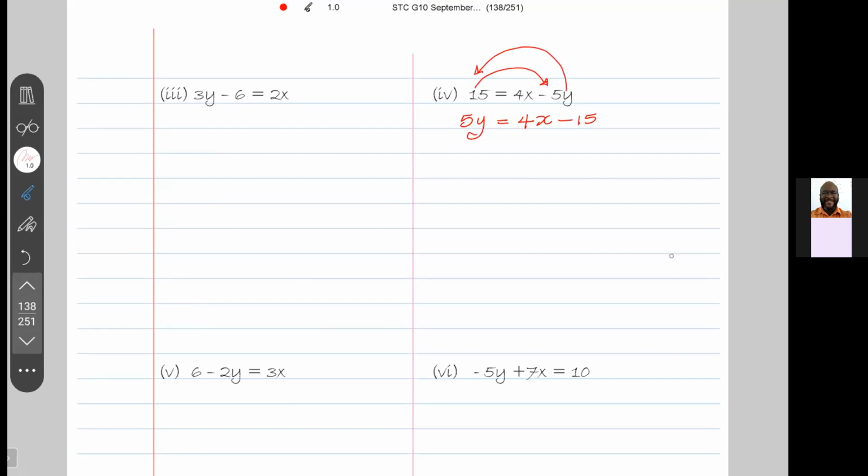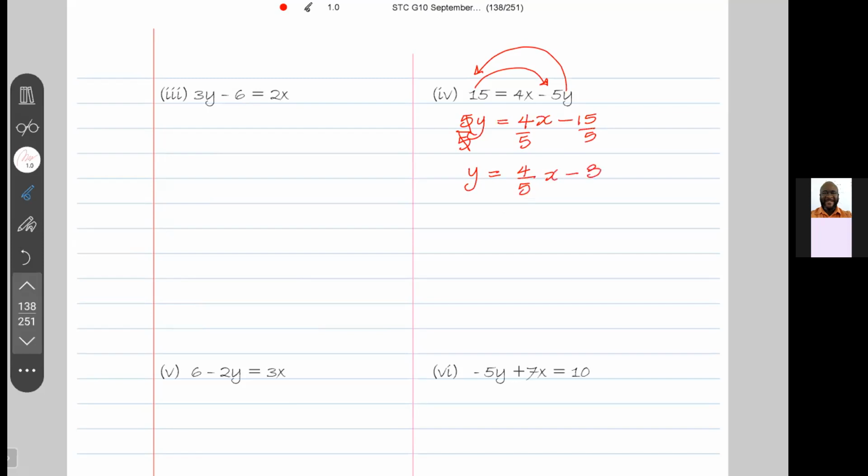The last thing, remember, I want y alone over there. I'm going to divide the entire equation by 5, everything in the equation, so that I'm left with only y alone on the left side. So this is 4 over 5x minus 3.